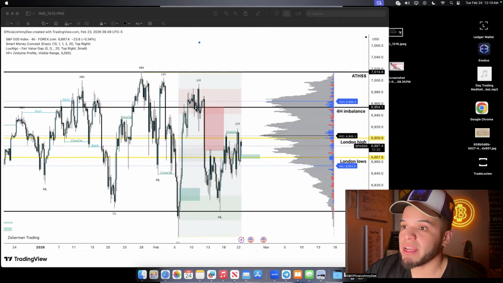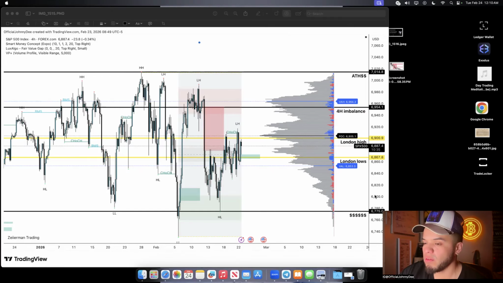So now that I have my nearest areas that I'm going to target price in case we do have a breakout, let me make this a little bit smaller. Perfect, right here. So if we do go bearish as well, this would be an area of liquidity right here at 6,705.